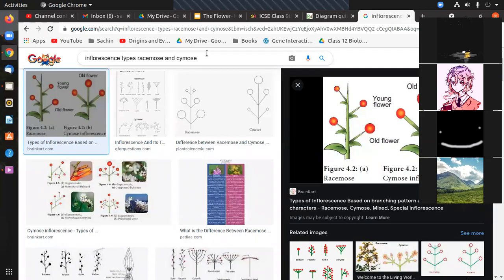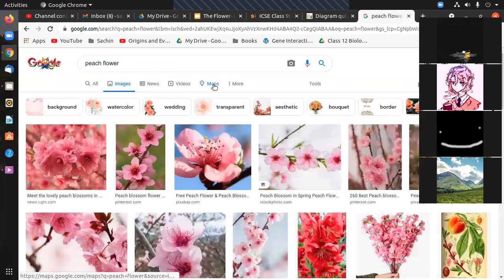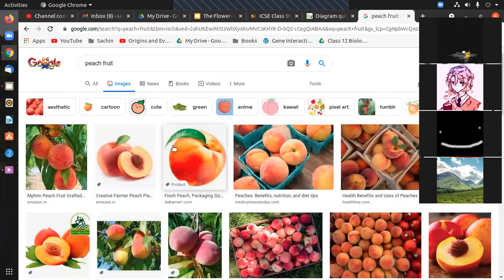Okay, so let's see. I will show you all of them. So peach flower, or even the fruit for that matter. If we look at the fruit, we'll get to know that. So here clearly it is not superior, or maybe half superior, because I would assume that this part is the stem and the other side may or may not have flower.